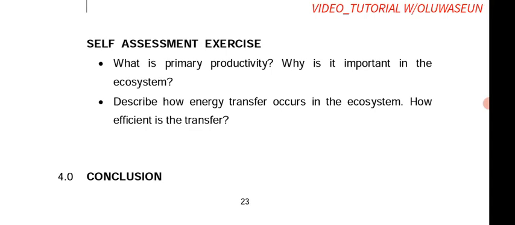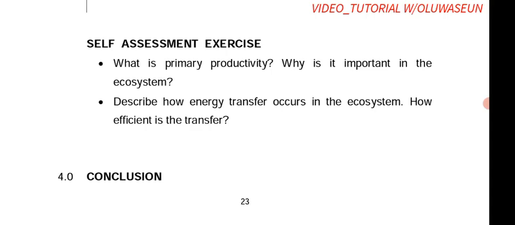But about the efficiencies of these movements of energy flows, you can say that only 10% of all the energies getting into the primary producers are being used. And then of course, out of this 10% that gets into the primary consumers and is being eaten up by the secondary consumer will also be used by him.